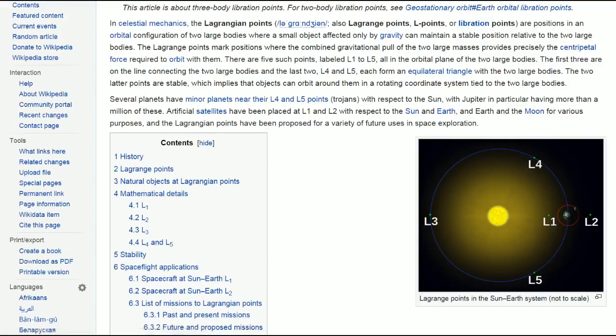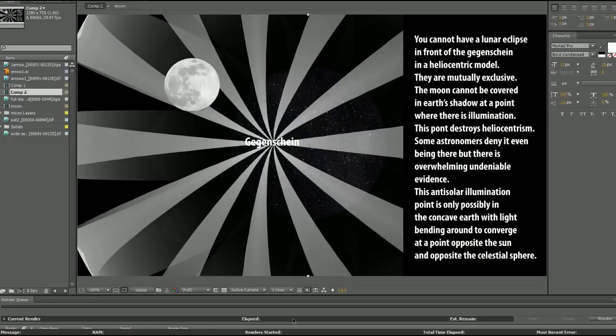You cannot, ladies and gentlemen, let me reiterate this for you. You cannot have a lunar eclipse in front of the Gegenschein in a heliocentric model. They are mutually exclusive. The moon cannot be covered in Earth's shadow at a point where there is illumination. It's that simple. Do you understand what I'm saying?